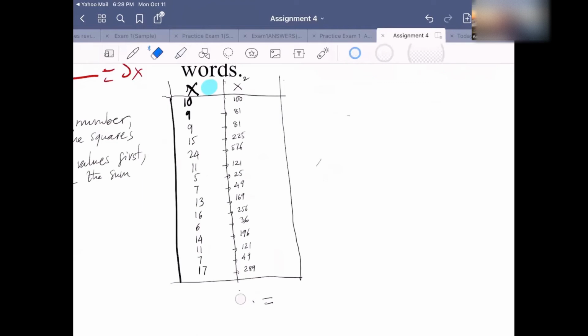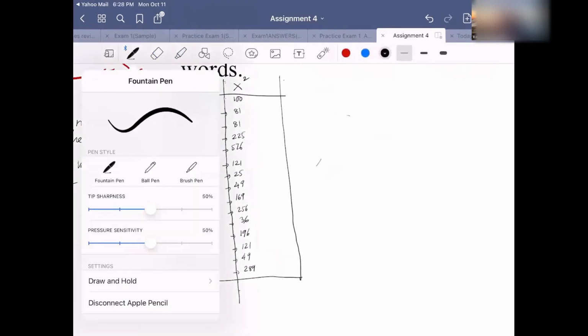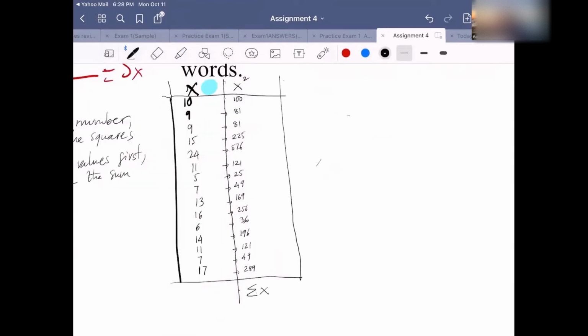And let me write it in the other column so you can see it better. The sum of the x squared means that you have to add all the squares together, everyone. You have to add all the squares together that we just found. So what is that?